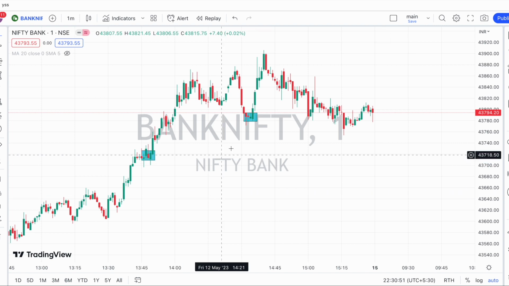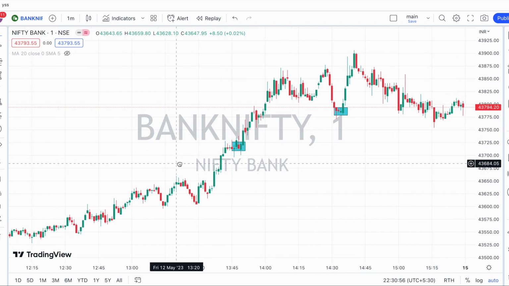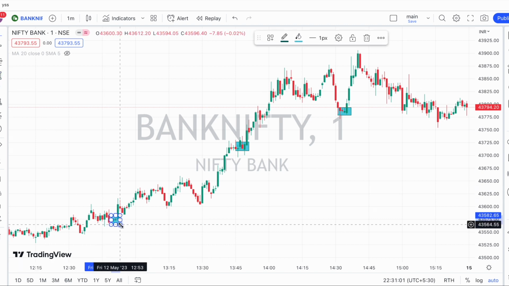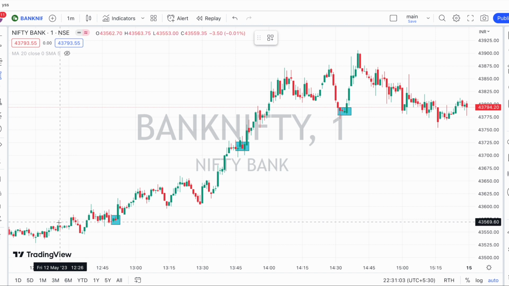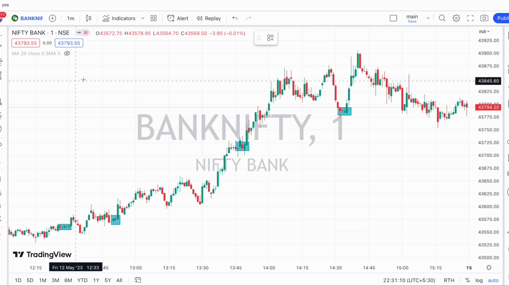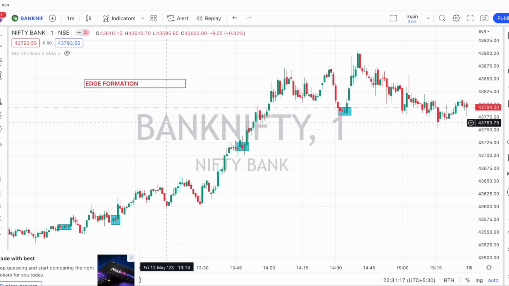This is a long build-up, this is a long build-up, and again we have a long build-up over here, and over here. So these are the build-ups, but we are going to discuss edge formation today. So what is the edge formation actually?